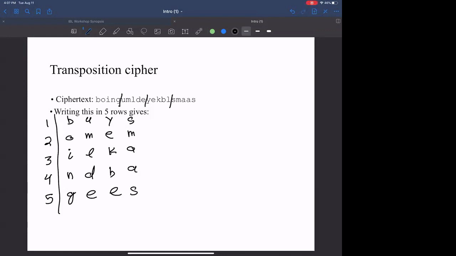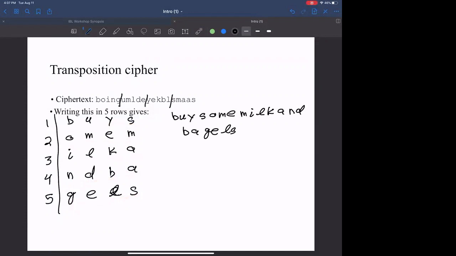And now to read it, we simply go across the rows just like we did before and sort of undo this wrapping process. So: BUYSOMEMILK AND BAGELS.